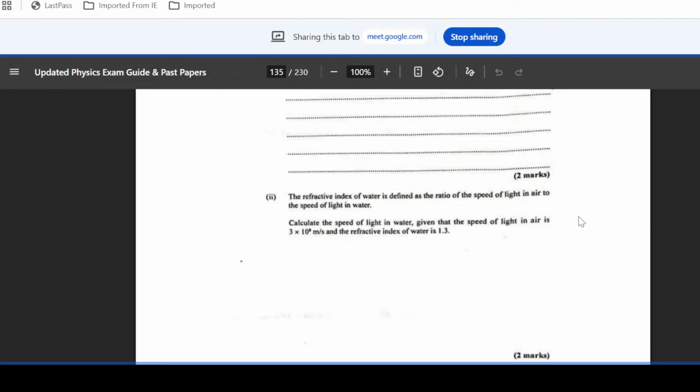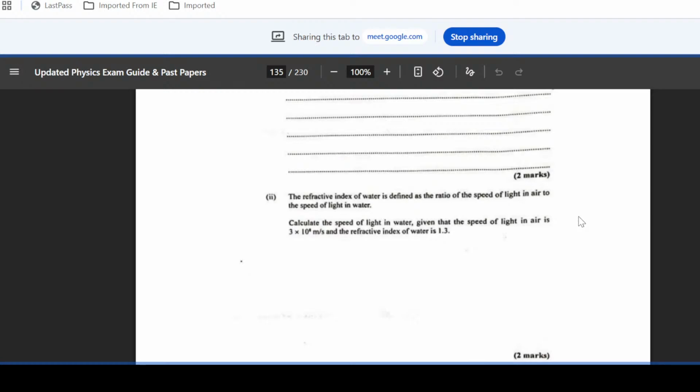So do that calculation. Yeah. Sir, it would be 2.3 times 10 to the 8.